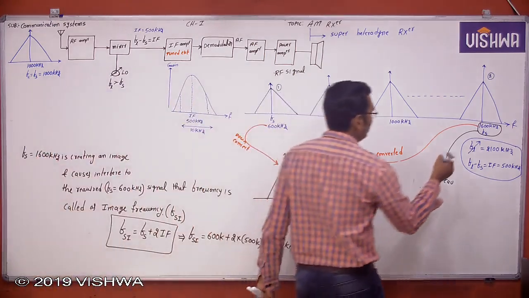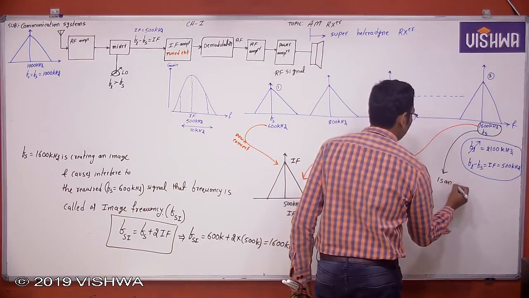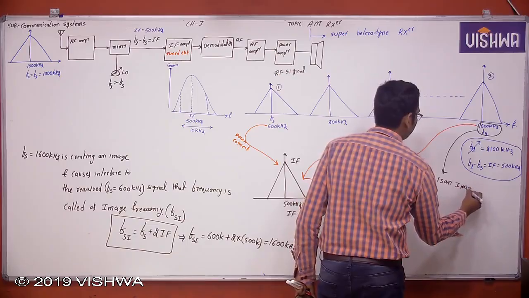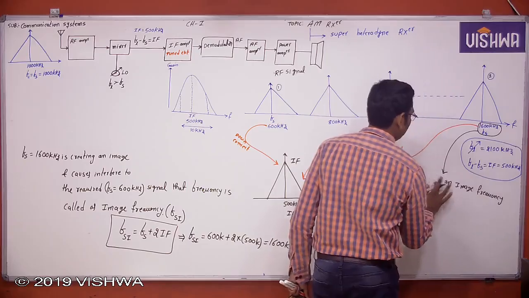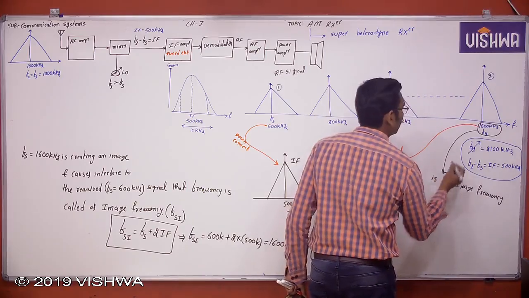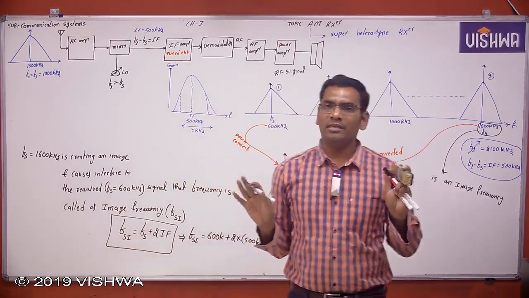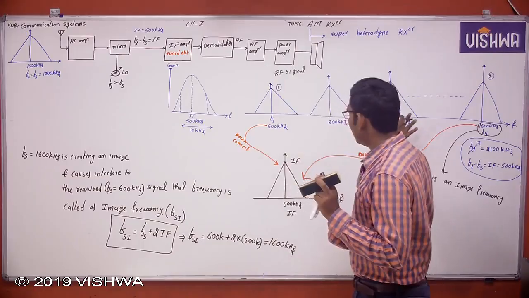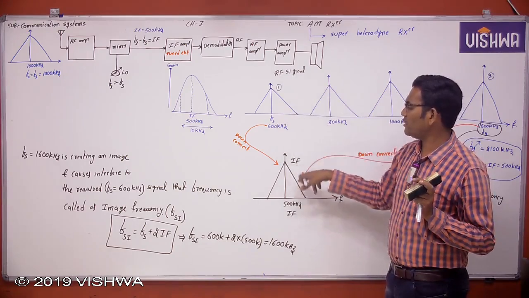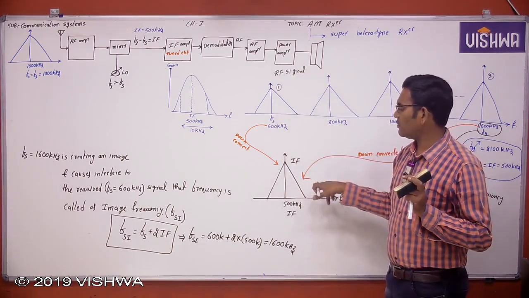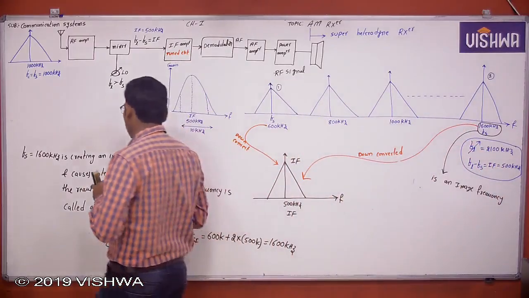Now this 1600 kHz is an image frequency. Now it is clear or not? Because you are having some doubt that 2000 is not within the boundary, but 1600 is within the boundary. But even then, it will create an image and cause interference to the required signal. Therefore, this frequency is called the image frequency.